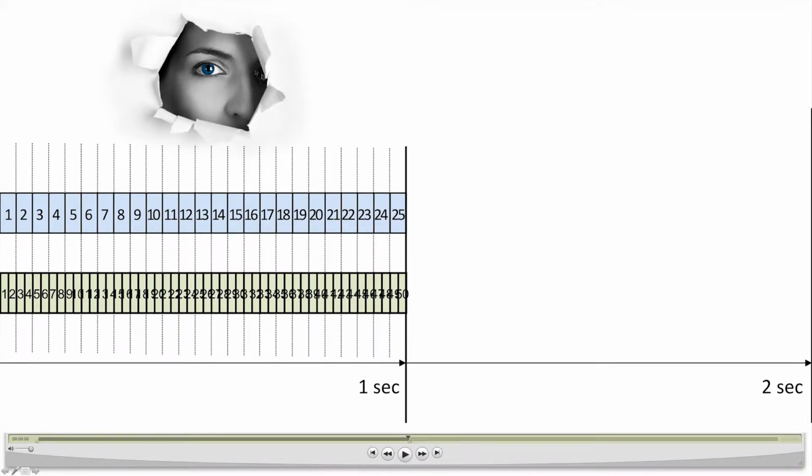So if we go to the next slide, here is the reason why I have this eye for the cover: all this talk about frames is also about how fast our eye works, how fast our eye sees the world. It's not correct to say that the eye directly has frames per second, because I think the eye has different frames per second depending on the light.